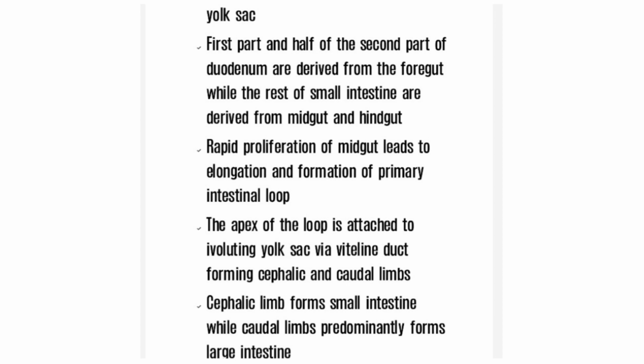And what causes this small space? The larger size of the liver, and also the larger size of the kidneys, will occupy most of the space in the abdomen. This process of herniation is what you call the physiological umbilical herniation, which occurs at the 6th week of intrauterine life.